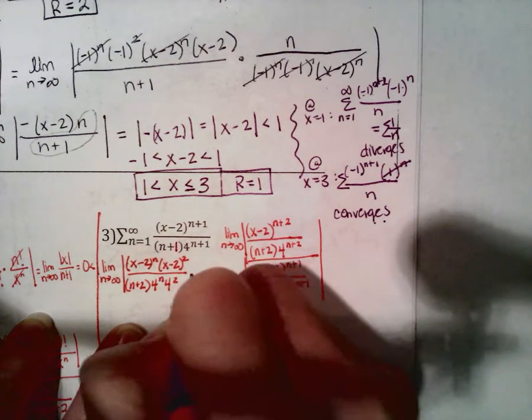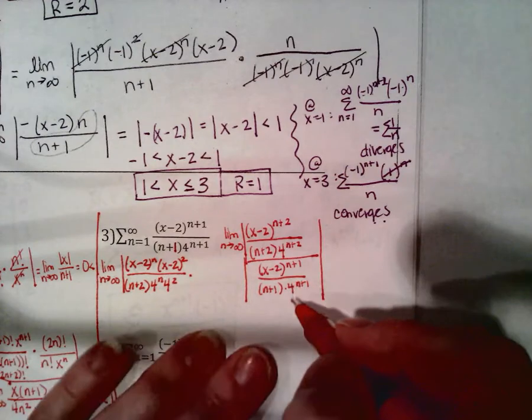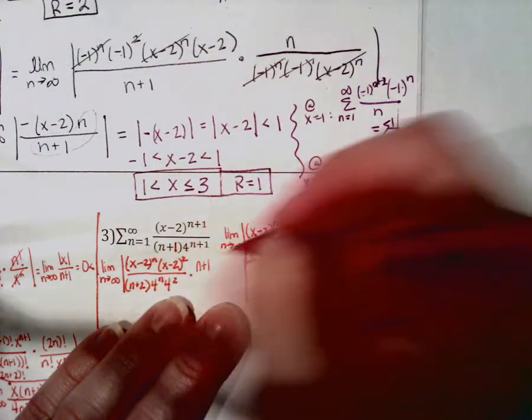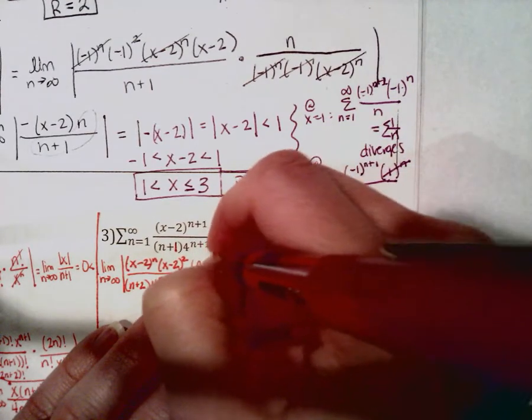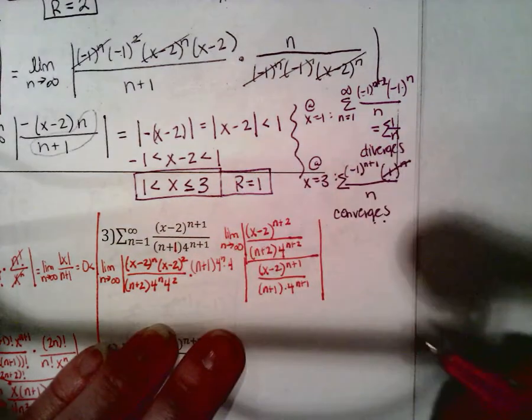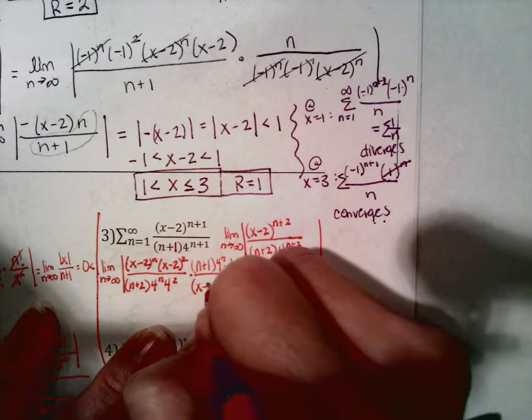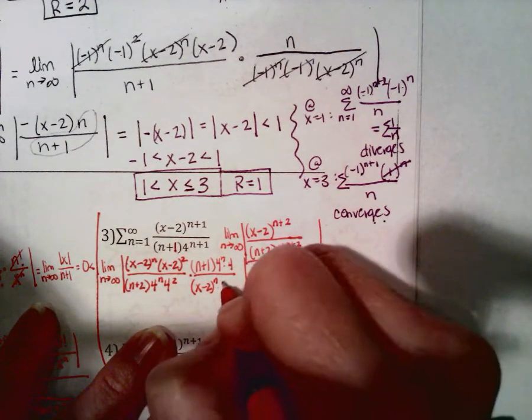And now I'm going to flip and multiply the bottom. So that would be n plus 1 times 4 to the n times 4 over x minus 2 to the n times x minus 2.